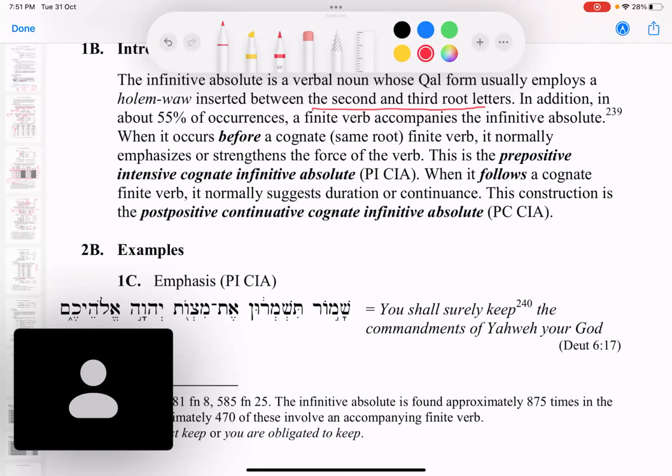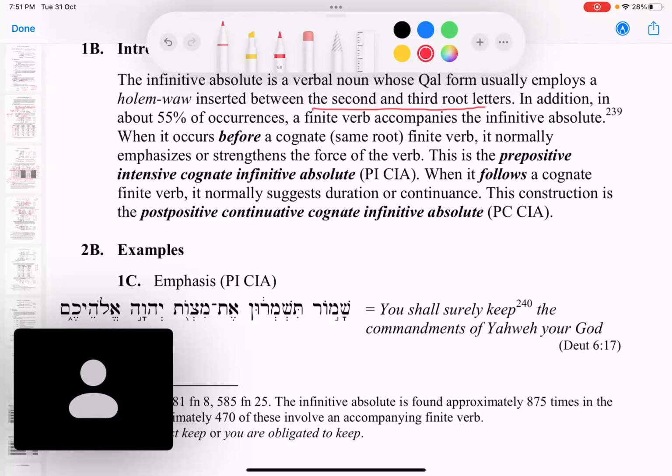Now, a very important thing: when it occurs before a cognate, that is the same root, finite verb, it normally emphasizes and strengthens the force of the verb. This is a prepositive intensive cognate infinitive absolute, that is PICIA. When it follows a cognate finite verb, it normally suggests duration or continuance.